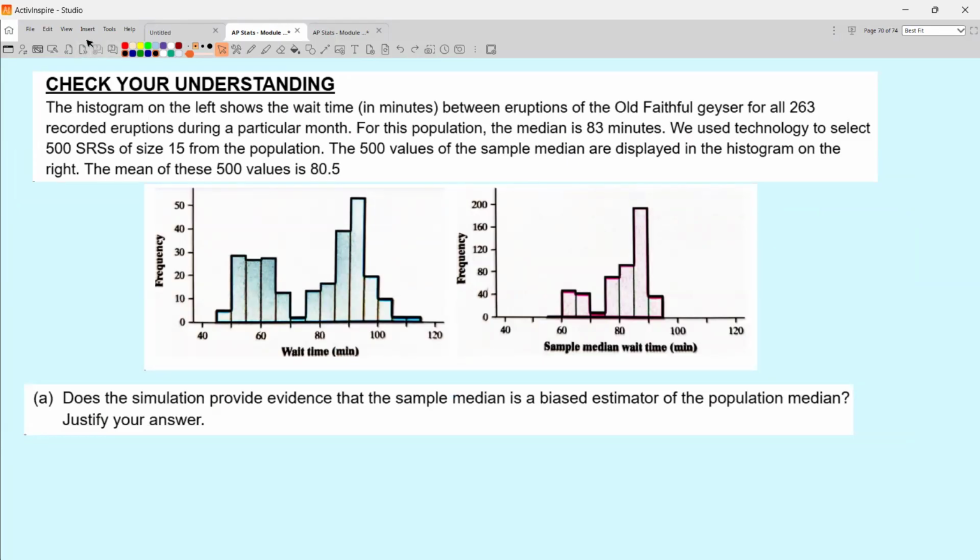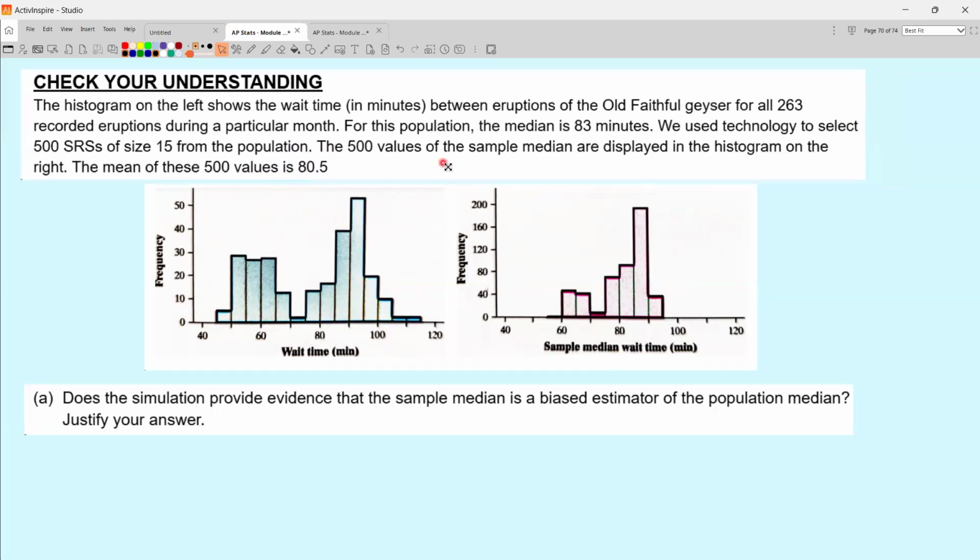Part A, does the simulation provide evidence that the sample median is a biased estimator of the population median? Justify your answer. We actually don't need the graphs for this. If you look at the numbers, the mean of these 500 values of the sample median on the histogram at the right is 80.5, whereas the median for the population is 83.